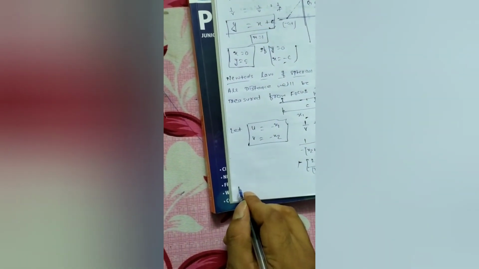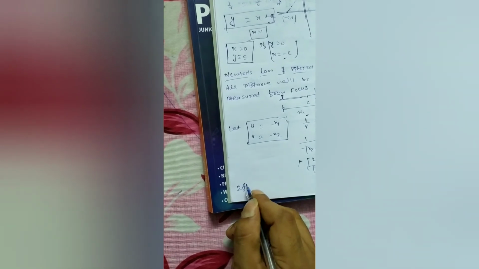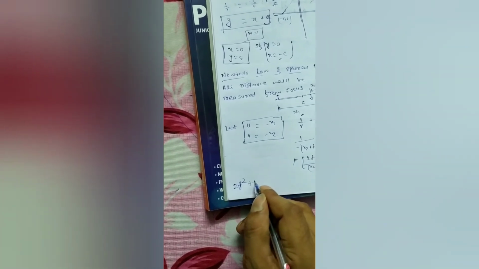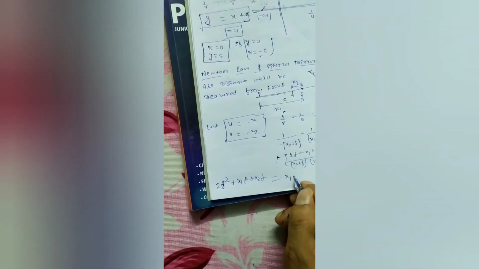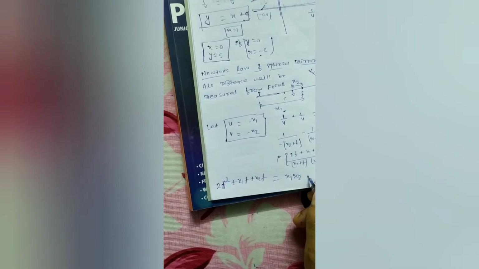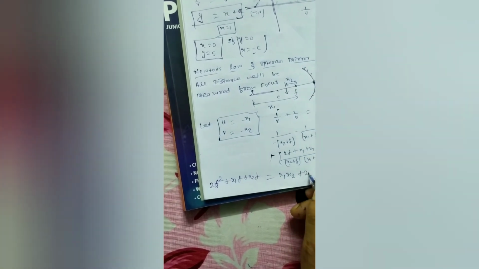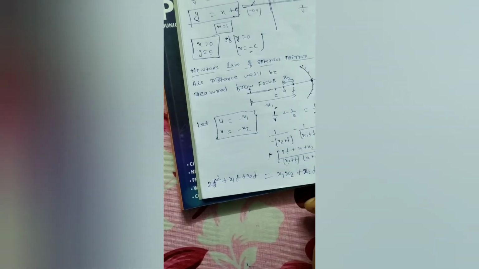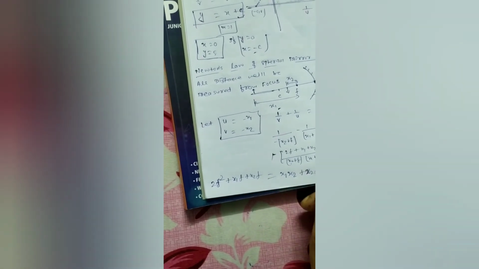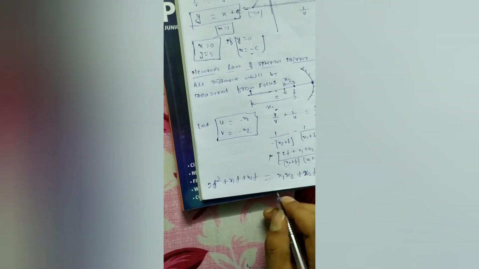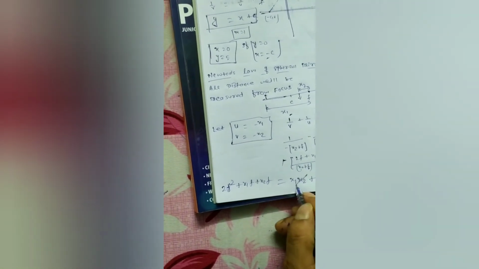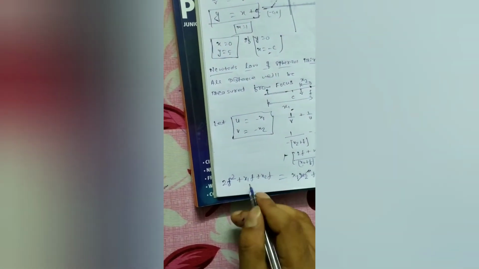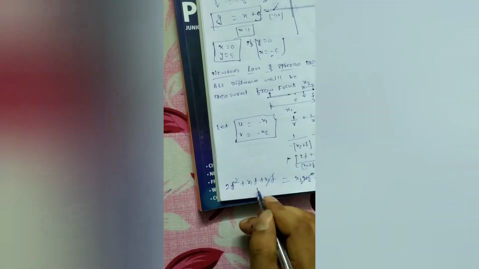Cross multiplying, this becomes 2f square plus x1f plus x2f. On the other side, this becomes x1 into x2 plus x2 into f plus fx1 plus f square. The x2f and x1f get cancelled.